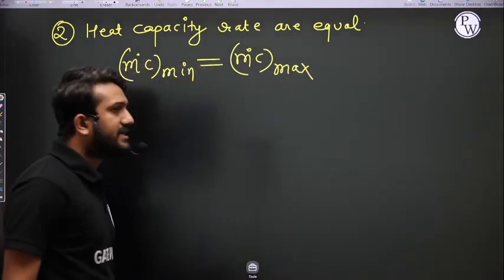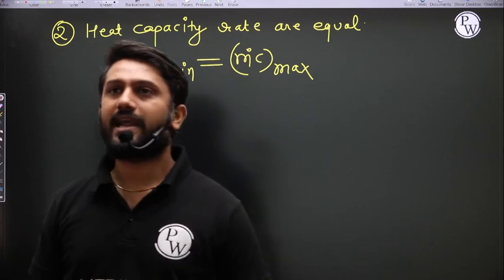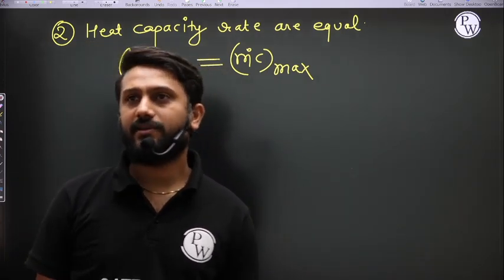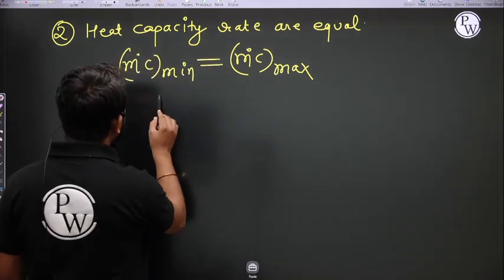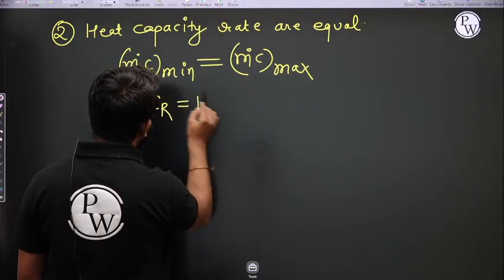If both fluids have the equal heat capacity rate, then minimum and maximum are the same, right? So what is the value of CR? The value of CR is equal to 1.